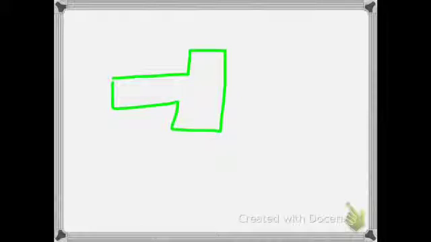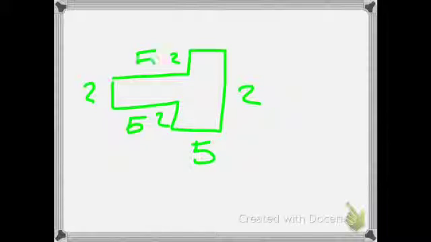Now we're going to start perimeter. The same shape, obviously. 2, 5. Over here we're going to add 2 more 2's because during area we didn't need it. 5, 2, and 5. And units is cm.